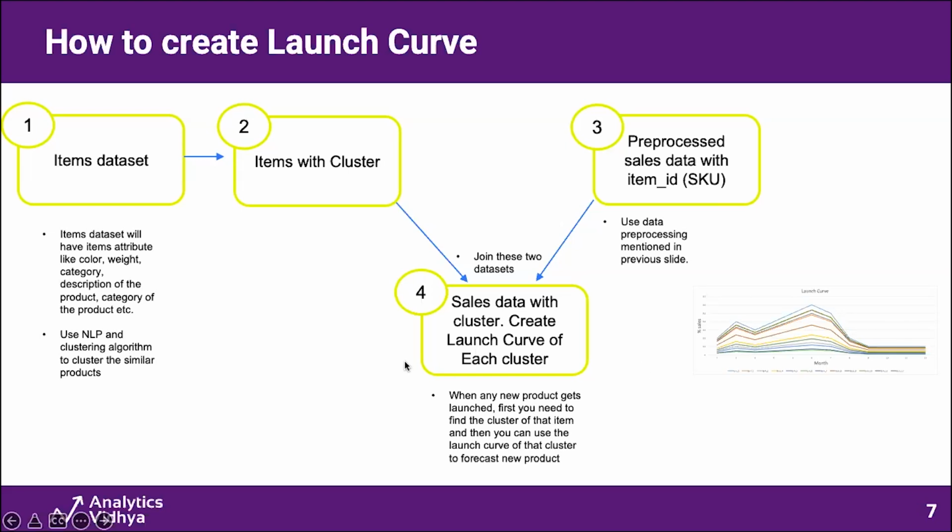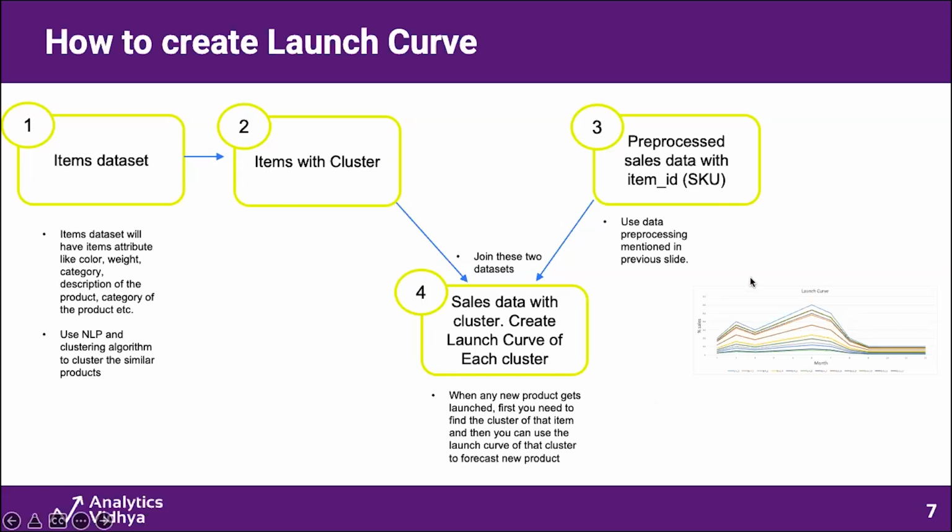Now you train that model, and your model will be able to learn that for this particular feature, this is the target. So when you query, let's say I'm launching a new product which has these item attributes, your supervised model is going to predict whether it is the first cluster, second cluster, or third cluster. Based on that you will get the cluster, right? So that is one way.